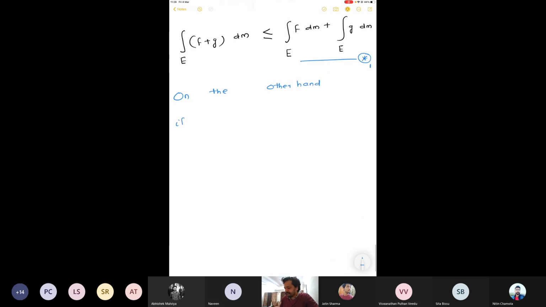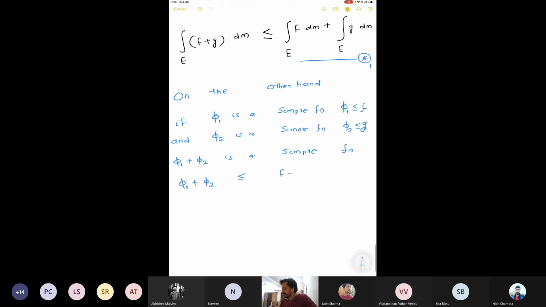if phi1 is a simple function, phi1 less than or equal to f, and phi2 is a simple function, phi2 less than or equal to g, then phi1 plus phi2 is a simple function, and phi1 plus phi2 is less than or equal to f plus g.